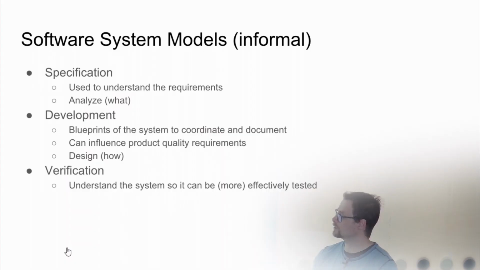These structures, these ideas, these models of the parts of the system and how these communicate can influence quality of the product. So we can, for example, design for performance, we can design for security, and we can design for reusability, and we can design for maintainability, changeability, and so on and so forth.